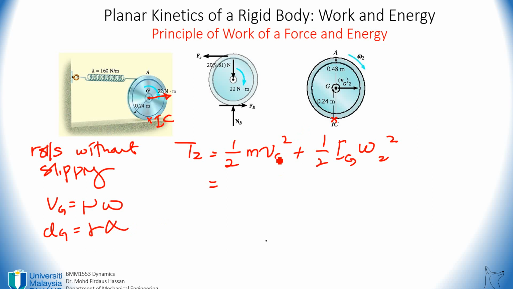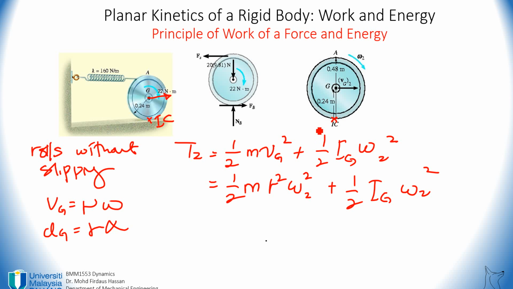So instead of vG, you put R omega: half m R squared omega 2 squared, plus half IG omega 2 squared. So this is not zero because you have the values.